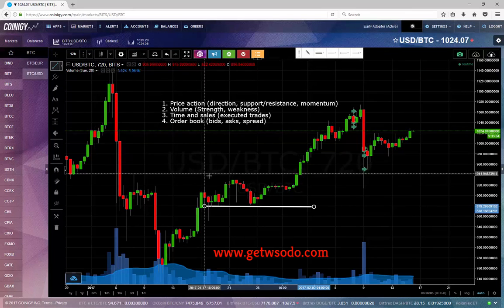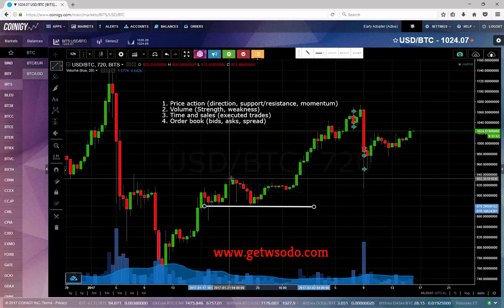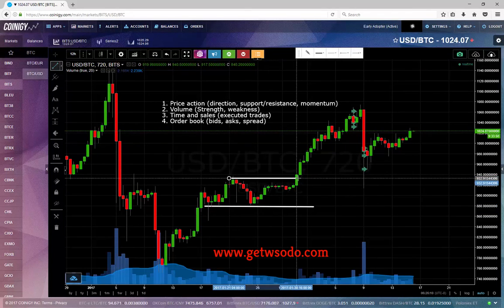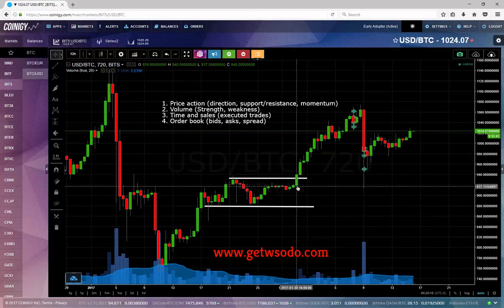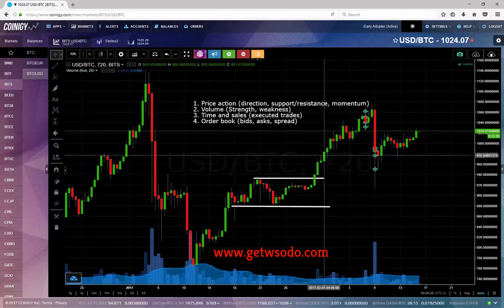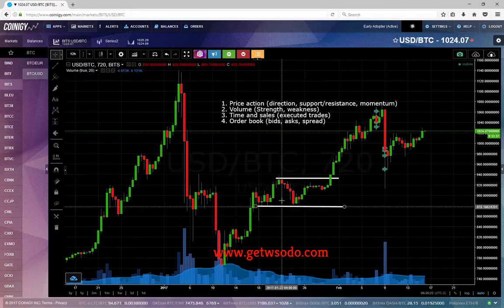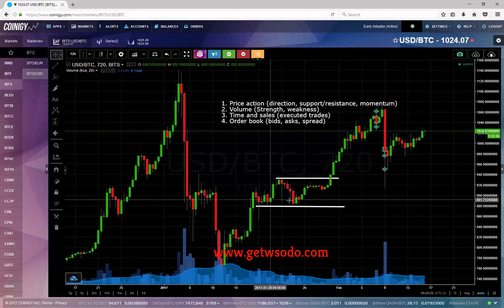So it's whoever's in control of the market. When sellers are in control, the market goes down. So you can see there is some resistance here. The support and resistance in between these is a range. When you break out of that range, that's called a breakout, or when you break down from that range and go lower, that's called a breakdown.